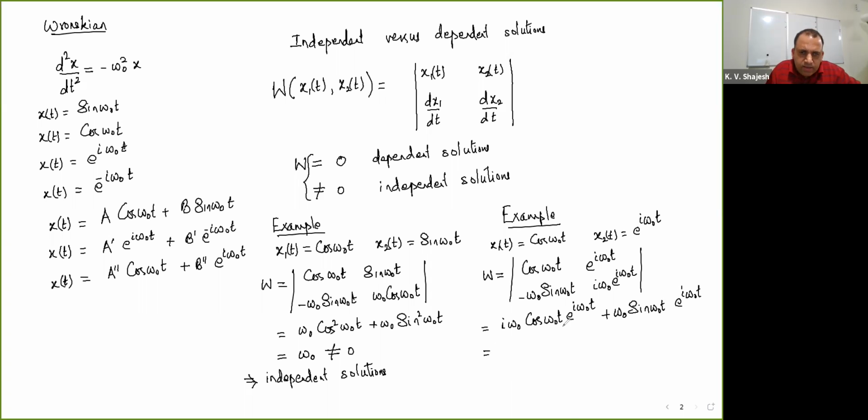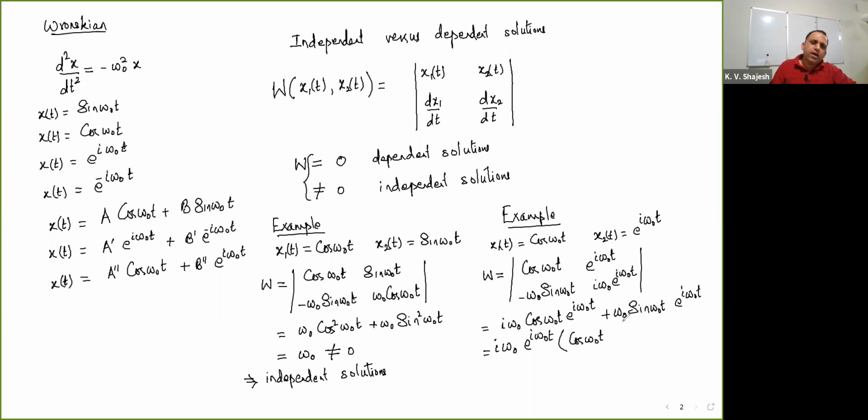I can take certain things common here. So that's omega naught, let me take the I also out, and I have exponential of I omega naught t, and that gives me a cosine of omega naught t.